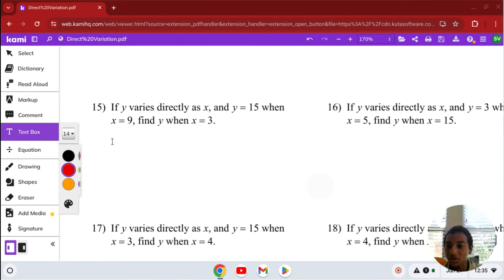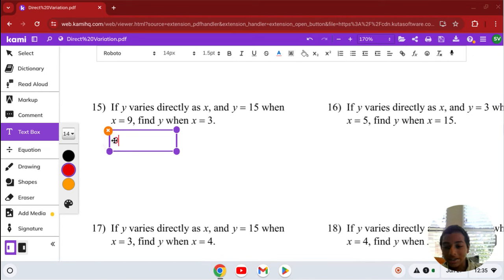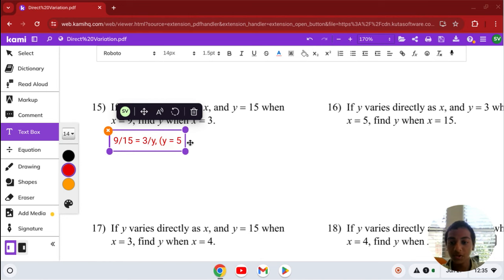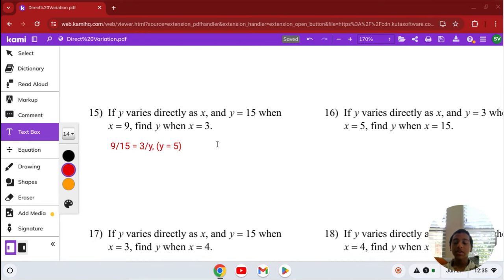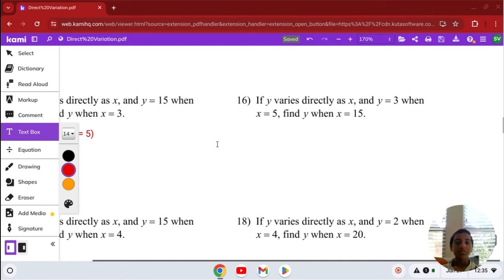Let's set up a proportion. 9/15 equals 3/y. So y equals 1/3 of 15, or 5. 5 is our answer in number 15.